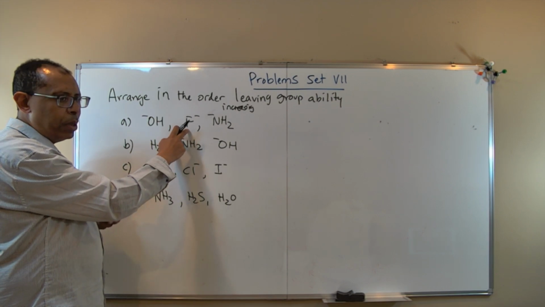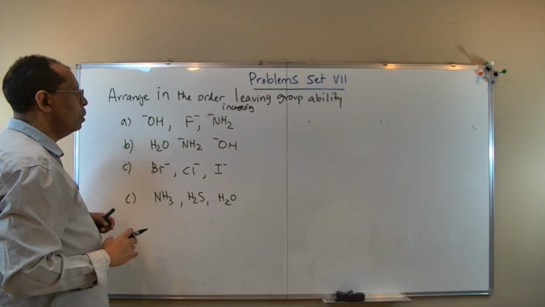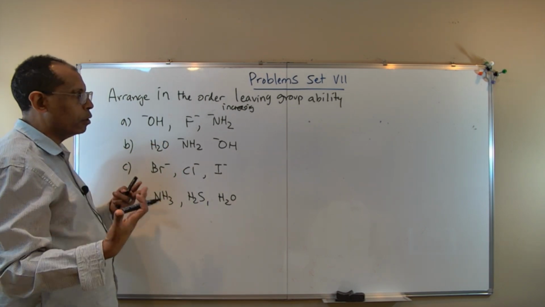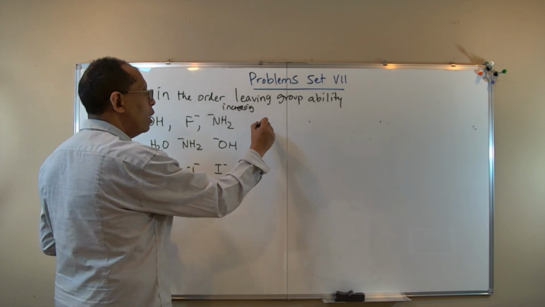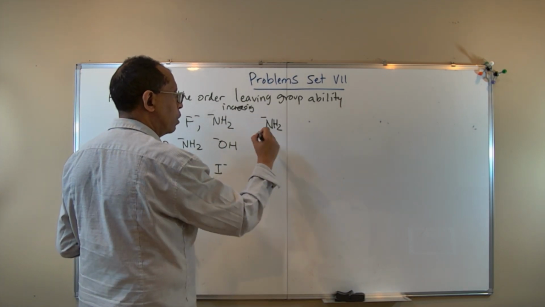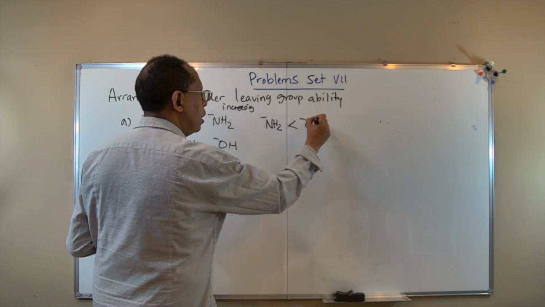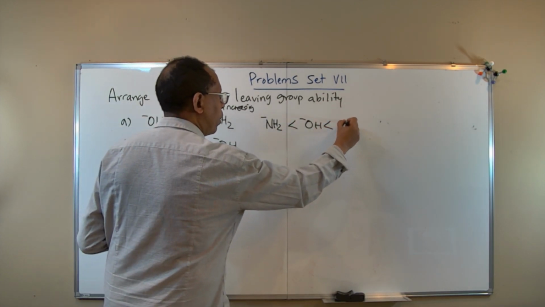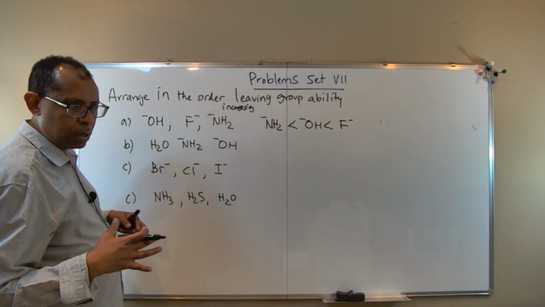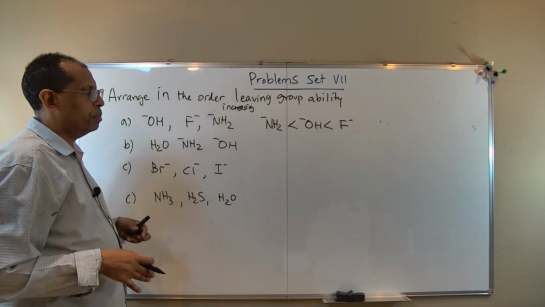The least basic one would be fluoride. So the order of increasing leaving group ability would be NH2 is the least leaving group. It is less than OH. It's less than fluoride. So fluoride is the highest in terms of its ability as a leaving group.